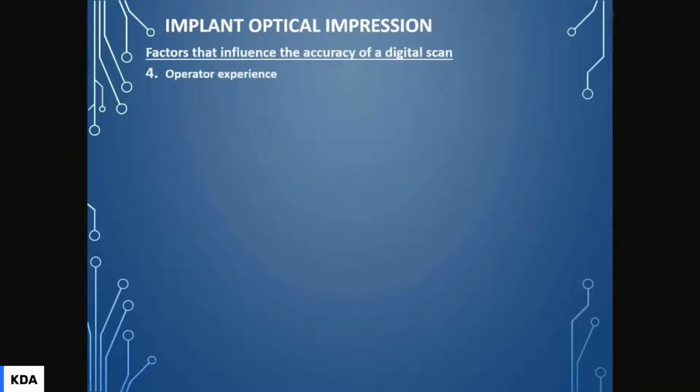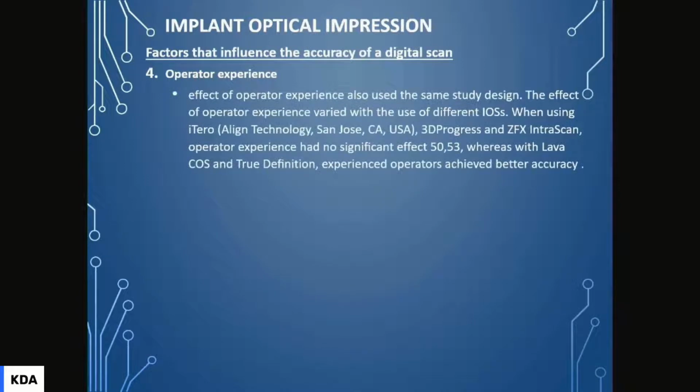Other factors: we have the operator experience. Some studies have shown that with some intraoral scanners, the operator experience played a big role in having an accurate impression. In other scanners, however, like 3Shape, for example, the operator experience didn't really affect the accuracy of the scan.